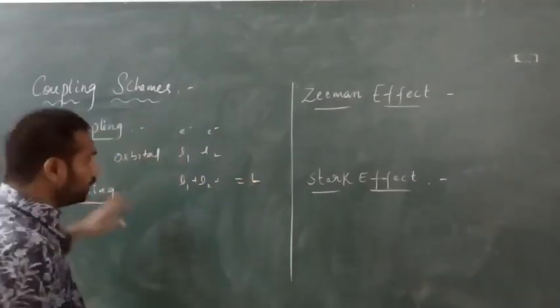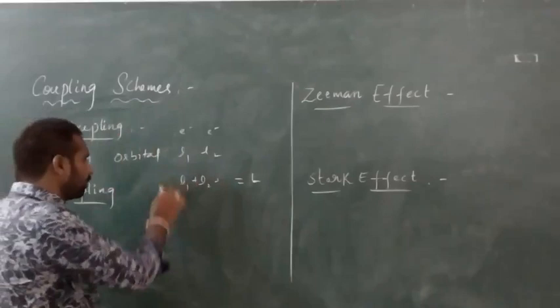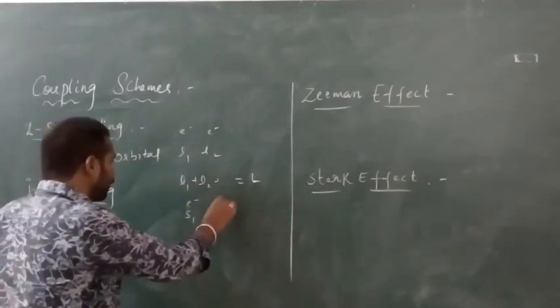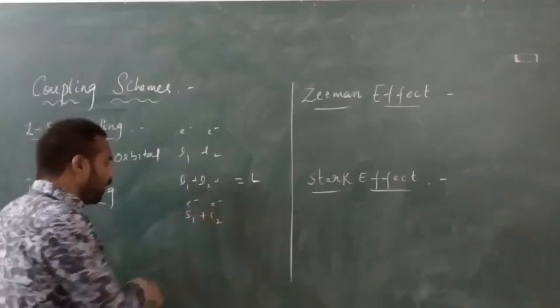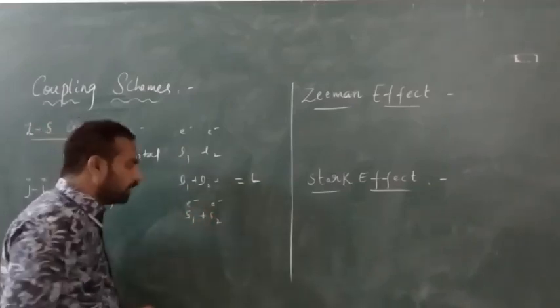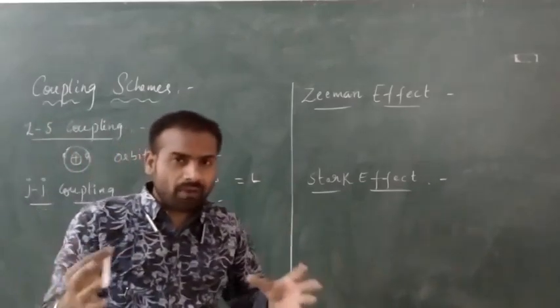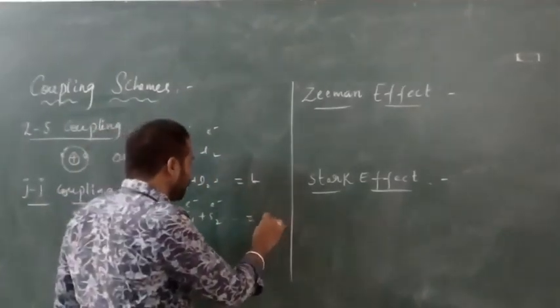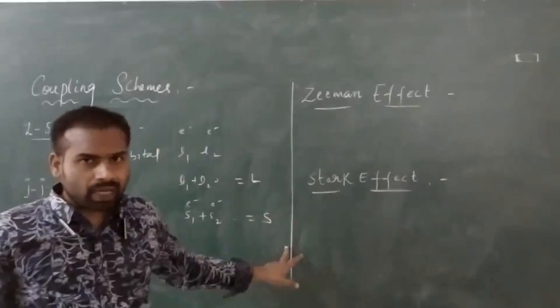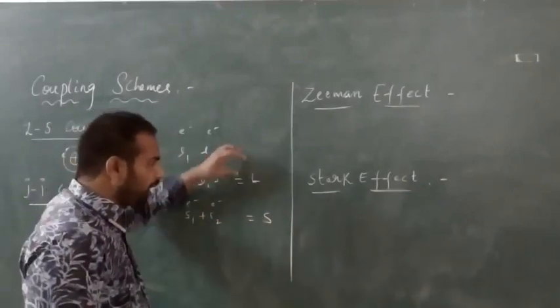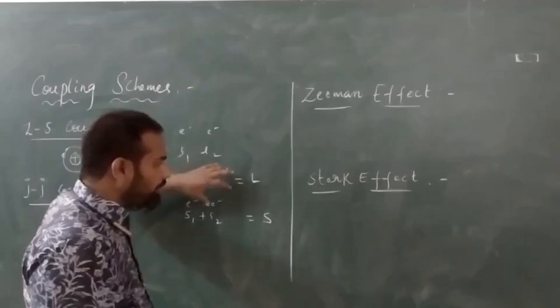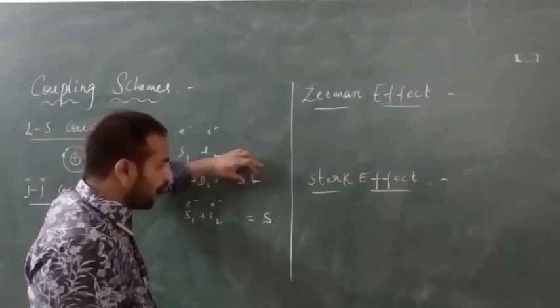And the spins S1, S2 of the individual electrons combine to form a total spin angular momentum. The sum of all the orbital angular momenta gives the total orbital angular momentum.